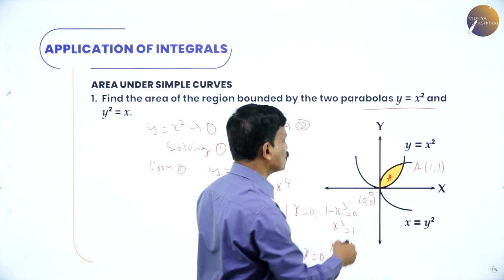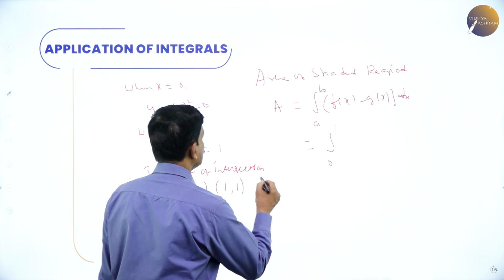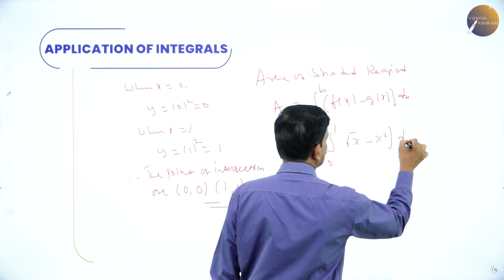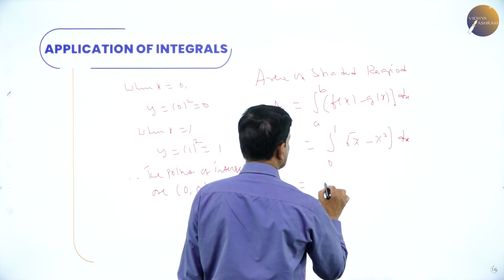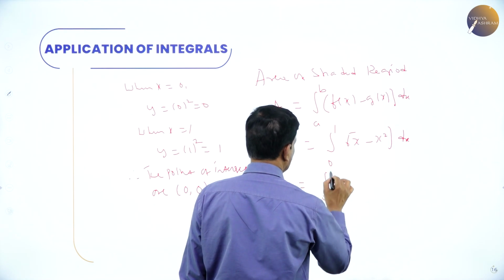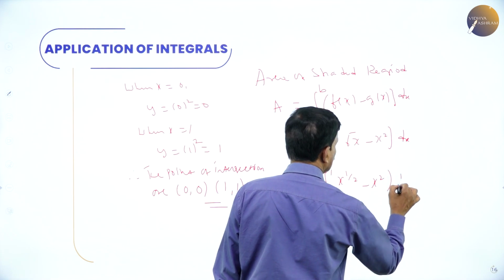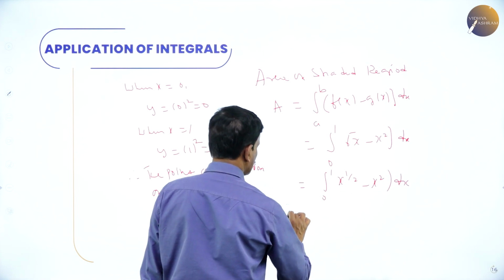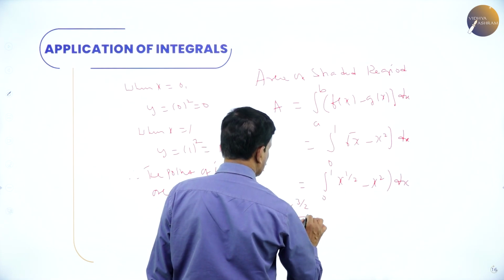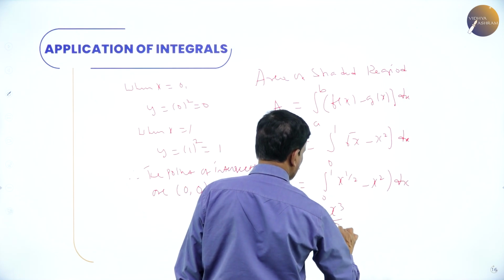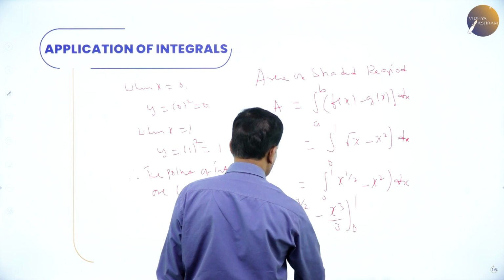Just subtract these two, that's it. So that is nothing but root of x minus x square dx. Now simplify this. So this is integral 0 to 1 of x to the power of 1 by 2 minus x square dx. So the integral of x raised to 1 by 2 is x to the 3 by 2 divided by 3 by 2, minus the integral of x square, which is x cube by 3, between the limits 0 to 1.